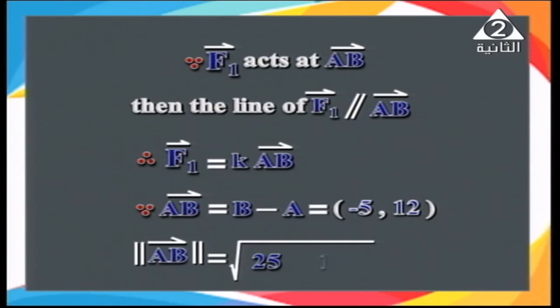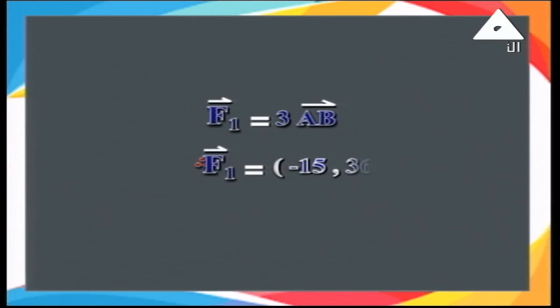Equal to the square root of negative 5 squared, 25, plus 12 squared, 144, equals the square root of 169 equals 13. Then the norm or length of AB equals 13. F1 equals 3AB, so F1 is (negative 15, 36).